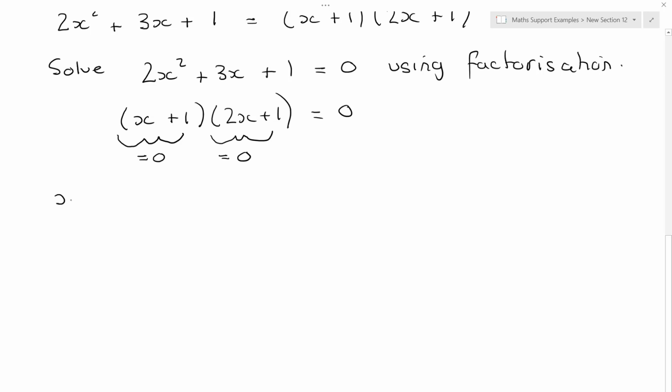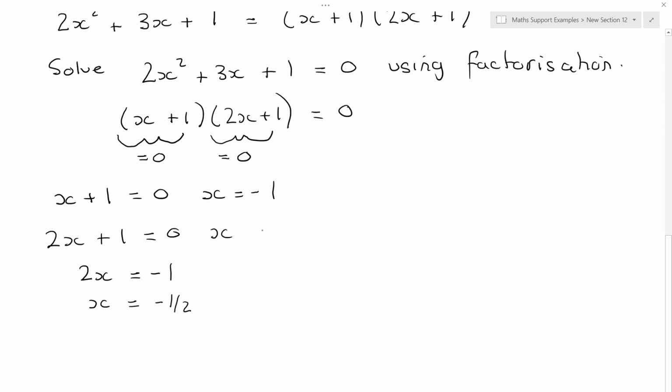So solving x plus 1 equal to 0, we see that x is equal to minus 1, and solving 2x plus 1 equal to 0, well, we see here that 2x is equal to minus 1, therefore by dividing both sides by 2, we see x is minus 1 over 2, which is minus a half, or minus 0.5.